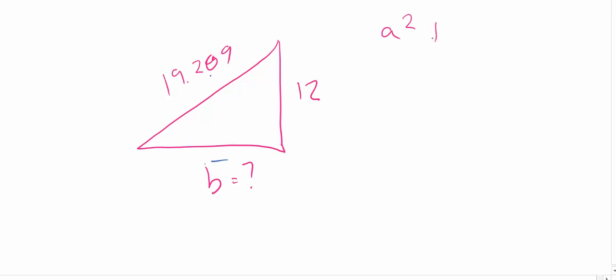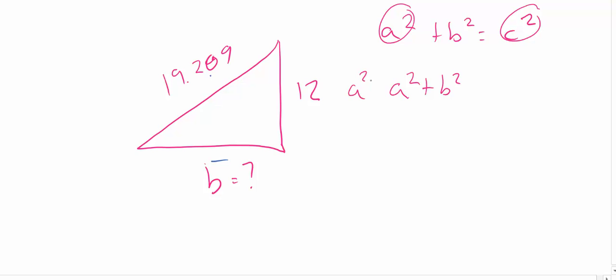I know we know B because we just did this, but if we didn't, we'd have to rearrange this formula. We'd start with A squared plus B squared is equal to C squared. I have my C and I have my A, but I'm looking for B, so I have to isolate B in order to solve for it. To get rid of A squared, I have to minus A squared.